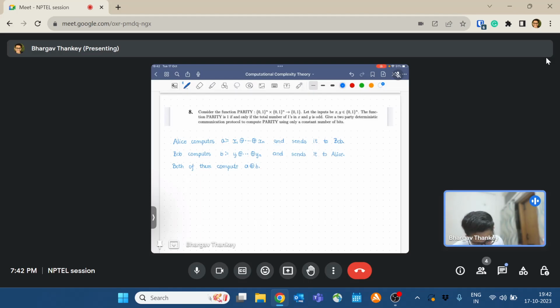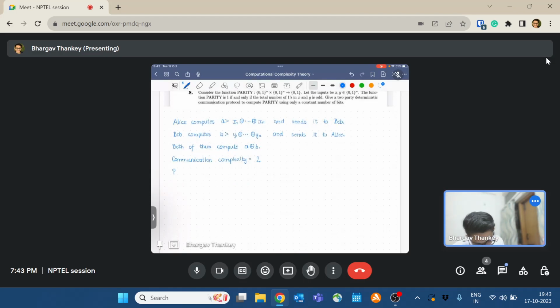So now the communication complexity is, yeah, the XOR of x1 to xn is 1 bit. Similarly, the XOR of y1 to yn is 1 bit, so the communication complexity is just 2.